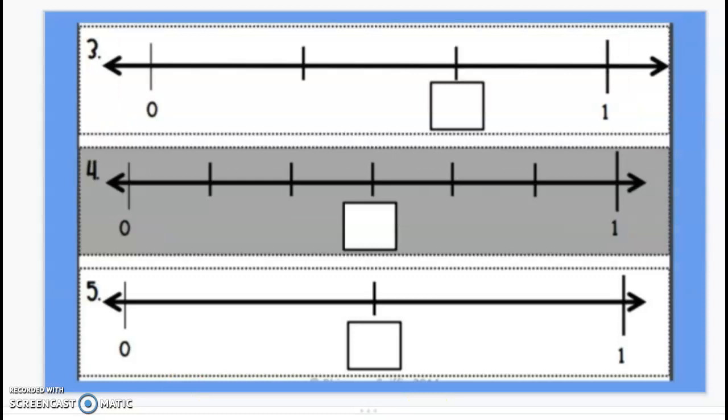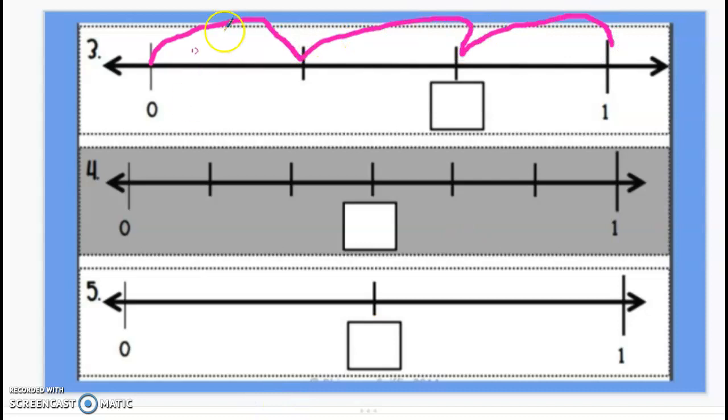All right, it's going to be the same process, okay? So, what are we going to do first? We're going to count our spaces. Good job. 1, 2, 3.